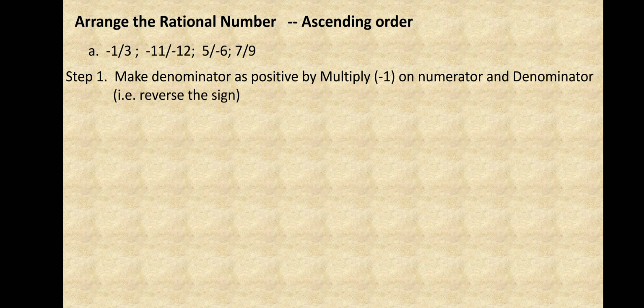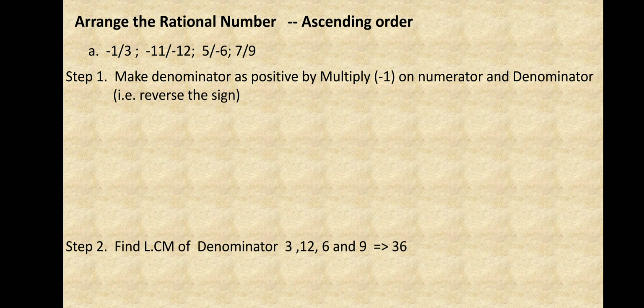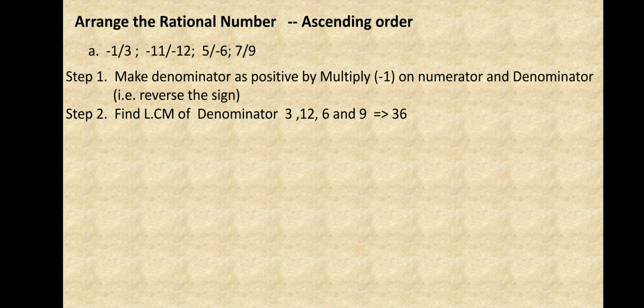So when you multiply by minus 1, both the signs will change. So now the denominators you get are 3, 12, 6 and 9. And what is the LCM of 3, 12, 6 and 9? It is 36. And now 36 is going to be your denominator.